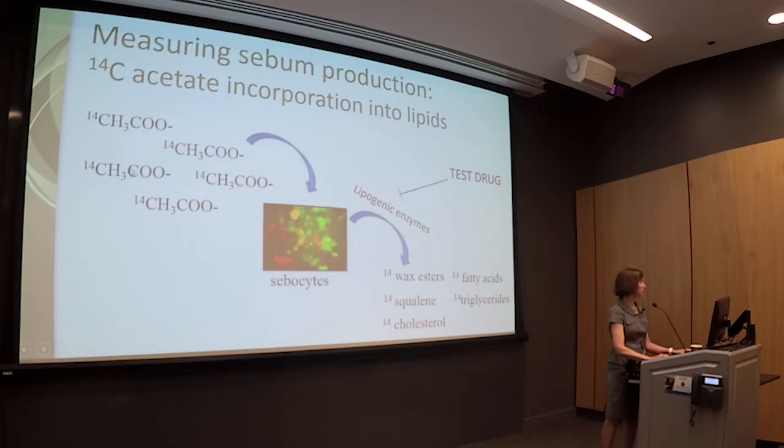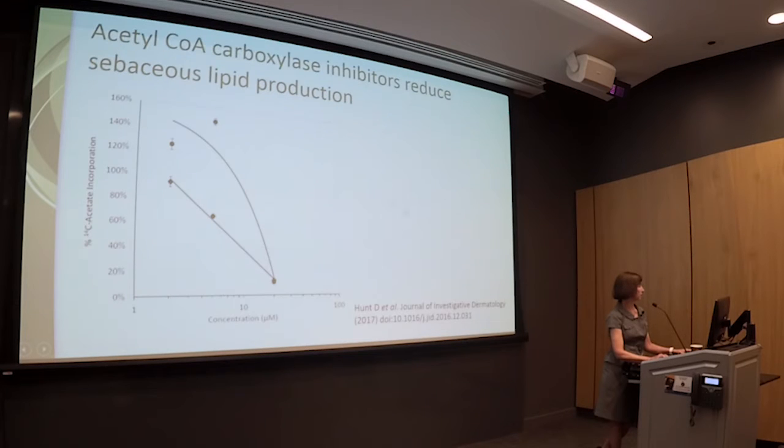So that's basically what we do. We give C14 acetate, put it on cells, incubate them, and then we measure how much C14 label comes out in these lipids that are present in sebum. Then we add the test drug to the system to see what lipids get blocked or shut down.